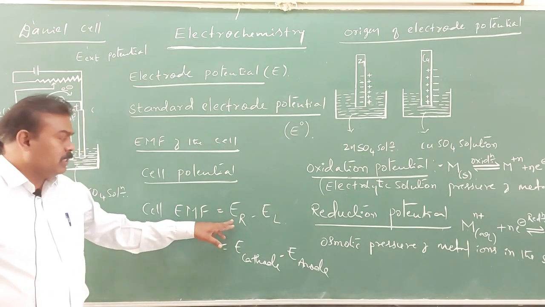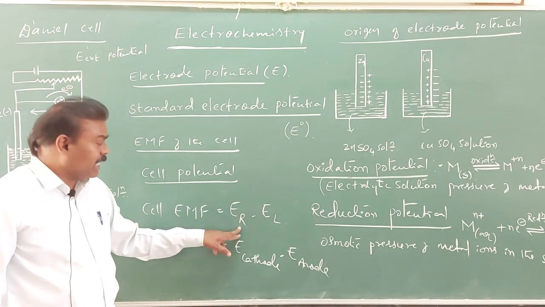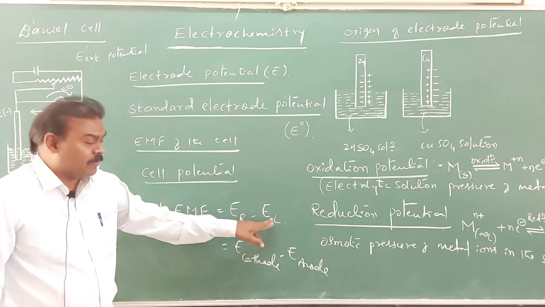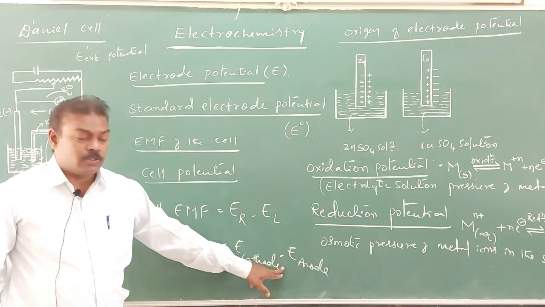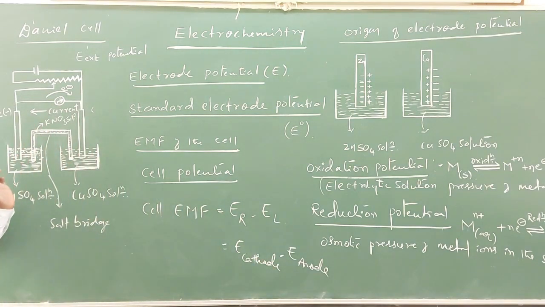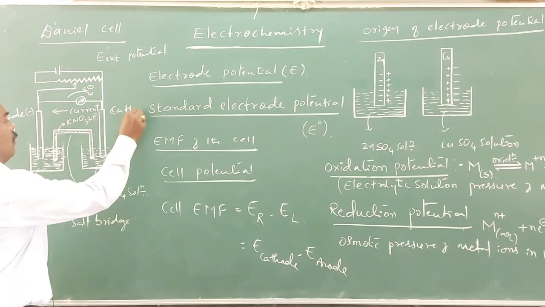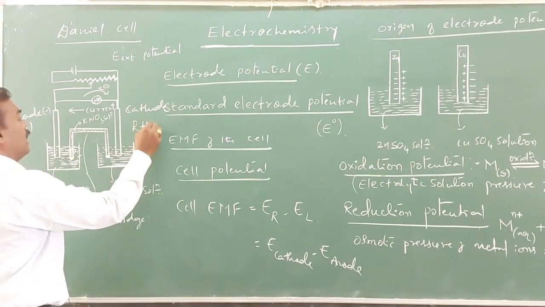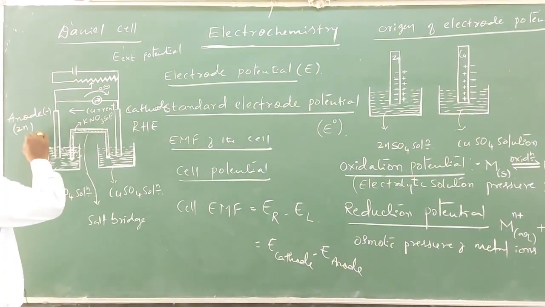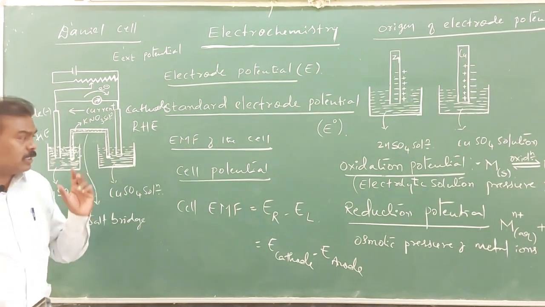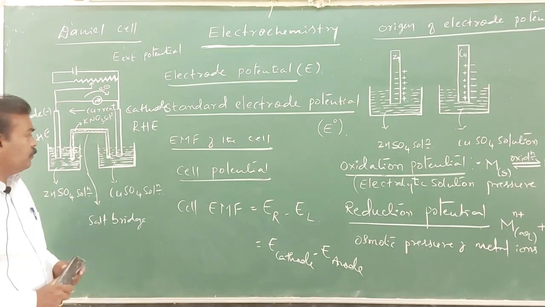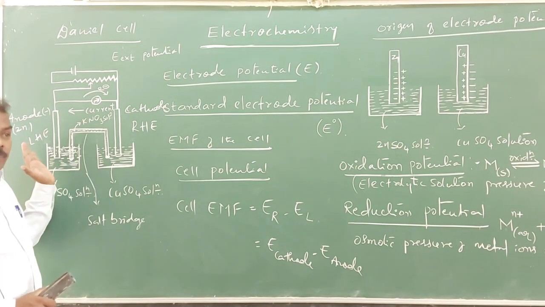That is, the electrode potential of the right hand electrode minus the electrode potential of the left hand electrode, or E cathode minus E anode. Whenever we construct the electrochemical cell, the cathode must be on the right hand side, and the anode must be on the left hand side.